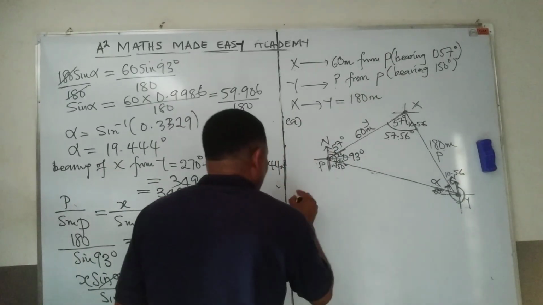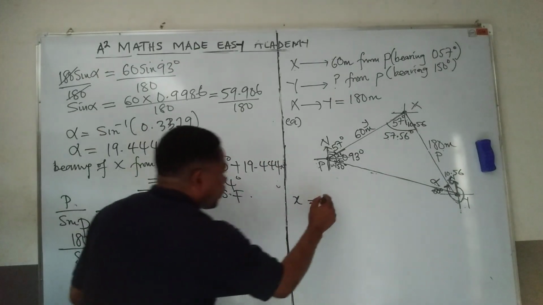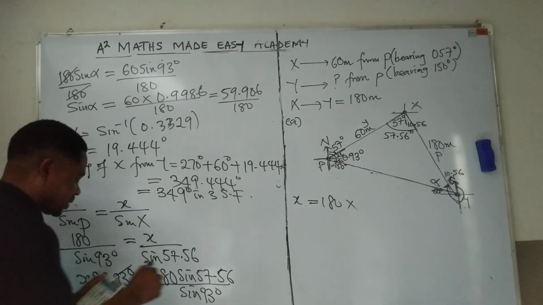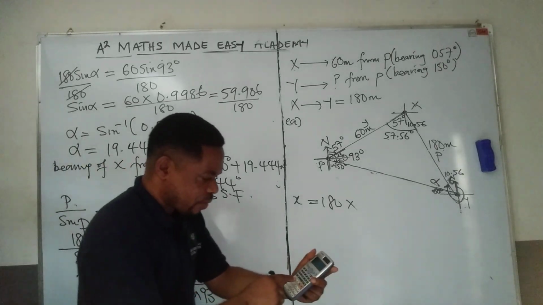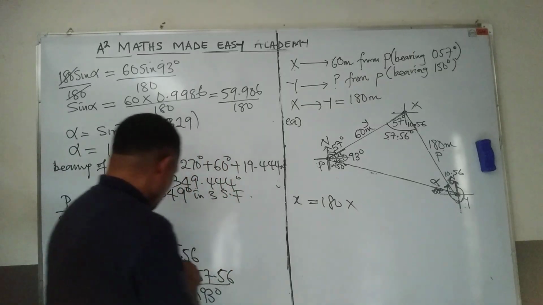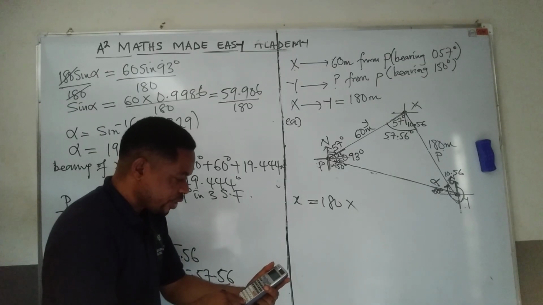So what we are going to do now is to continue: x is now equal to 180 times, what do I punch next? I will punch sine 57.56. So what is the value equal to?